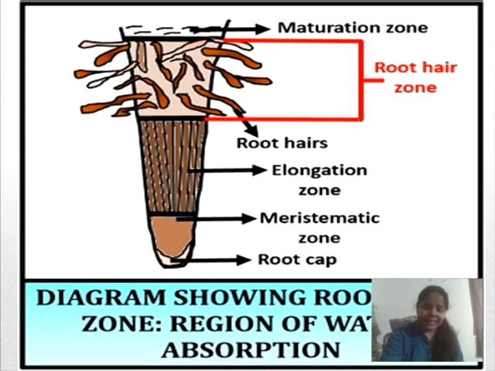When the water is absorbed only due to the activity of the root itself, particularly the root hairs, then it is called active absorption. And this active absorption can be of type osmotic or non-osmotic.